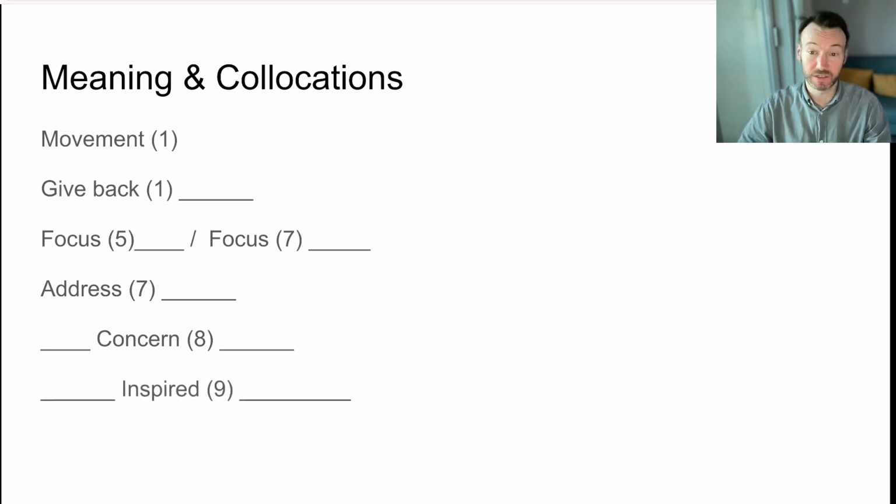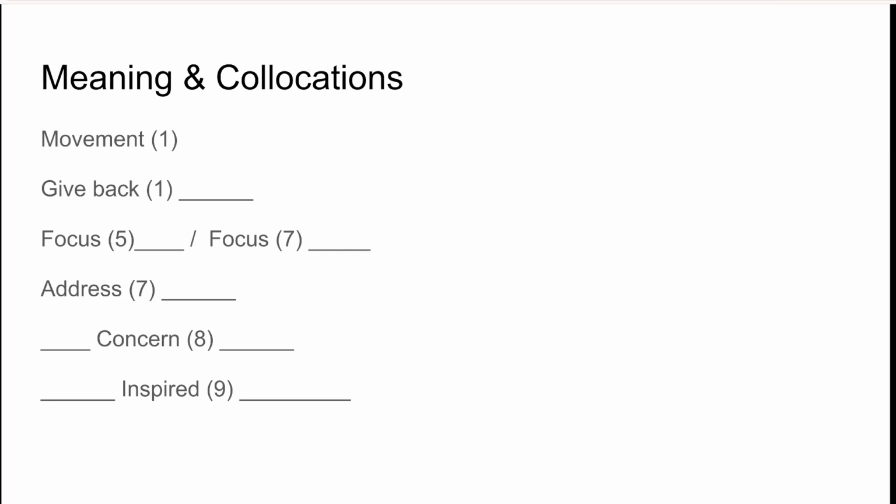And same, inspired. Look at the language that is connected to inspired. That's paragraph 9, paragraph 8. Again, take a moment, have a look at those, and think about what those words mean in this situation, in this context. I'll just give you a moment to look at those, so I'll be quiet.